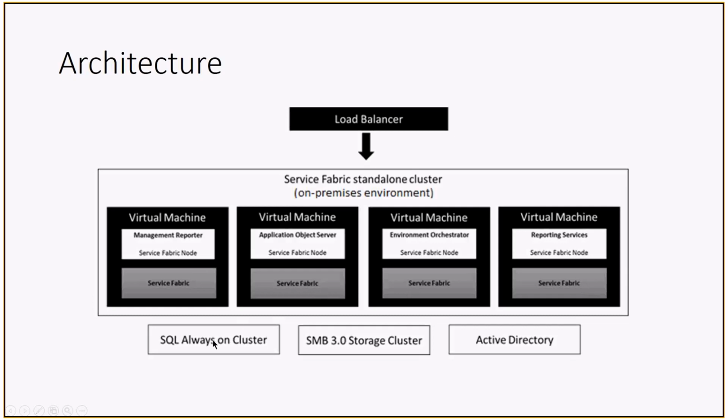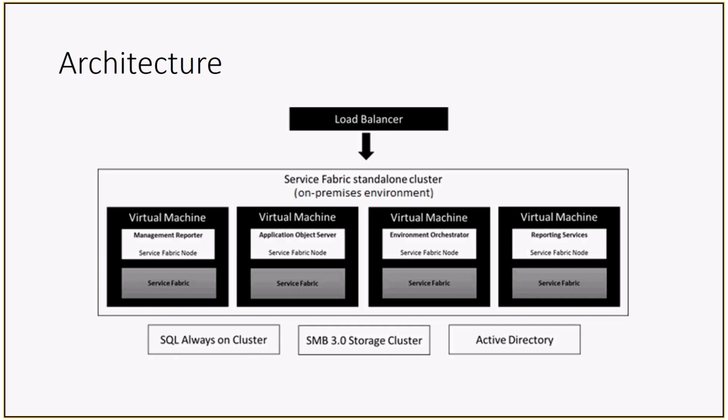The shared infrastructure that will be required would be your SQL Server cluster, to host your databases, and a storage cluster to serve as a file share. We need file shares for two things. We will download the installation files from LCS and then deploy them to your on-prem.